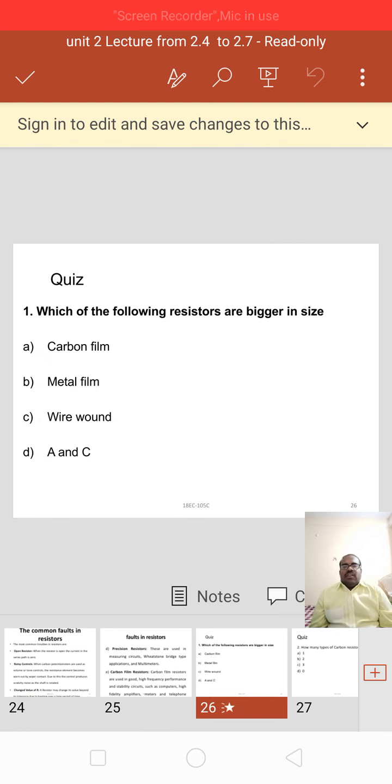Before that, we have a summary according to the concepts. First is the features of carbon film resistors, metal oxide, metal film resistors, as well as precision resistors. Next, applications of the carbon film, metal oxide, metal film, precision resistors.